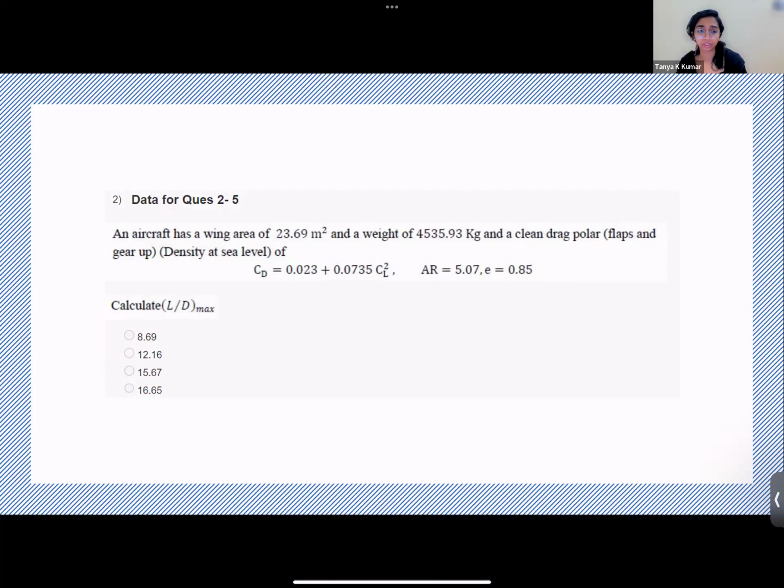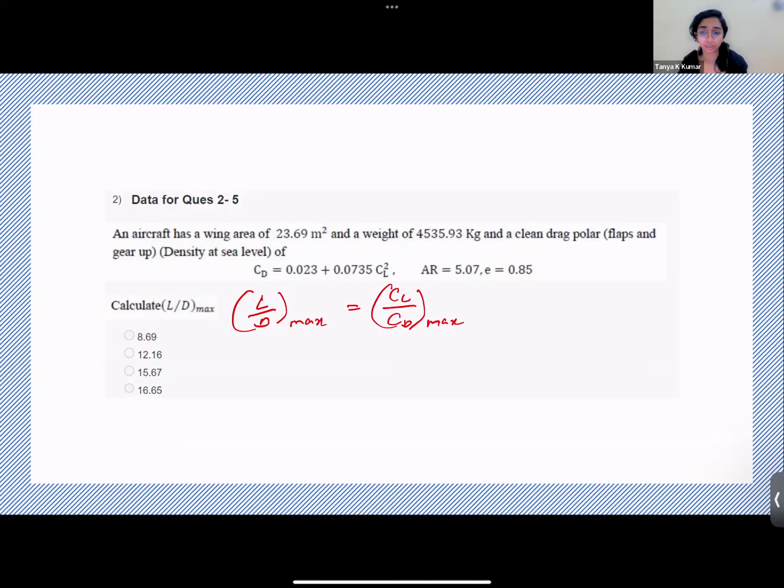How will we proceed with this question? So L by D max, they've asked you. L by D max can also be CL by CD max. So L by D max is equal to CL by CD max. Okay, this is the hint. Try doing it now.